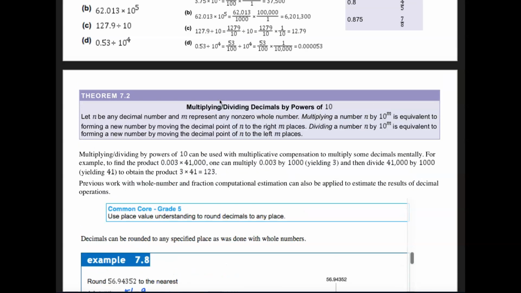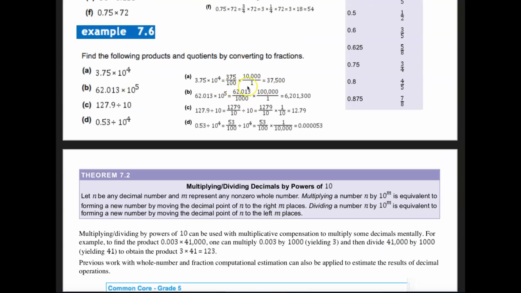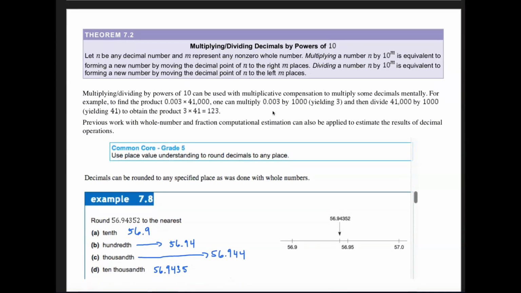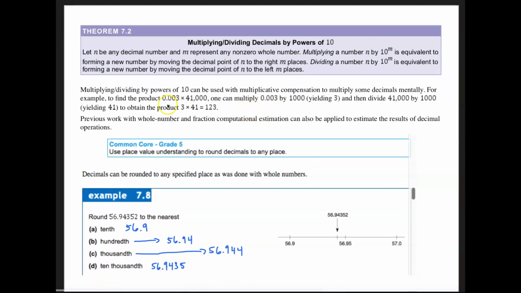And again, that comes out of doing it the long way, converting these to fractions, and then doing the mathematics on that. And then you recognize there is a pattern right here: 0.003 times 41,000. Again, you end up just moving the decimal so many times. You do 3 times 41 and then move the decimal.